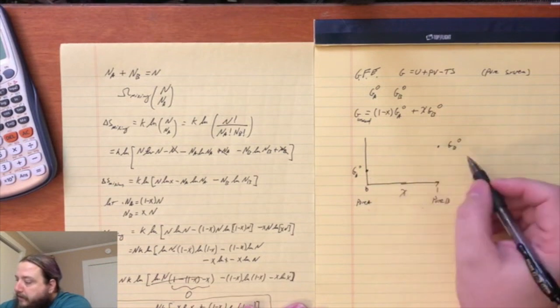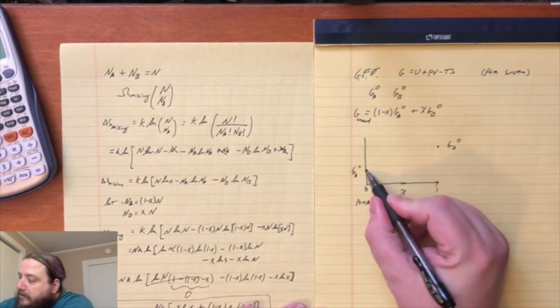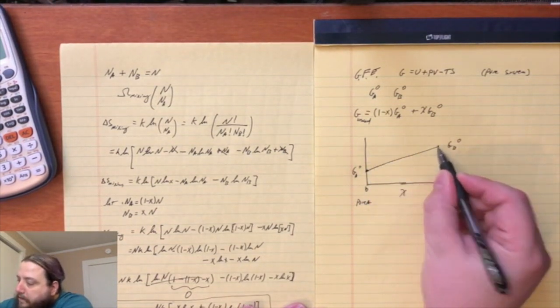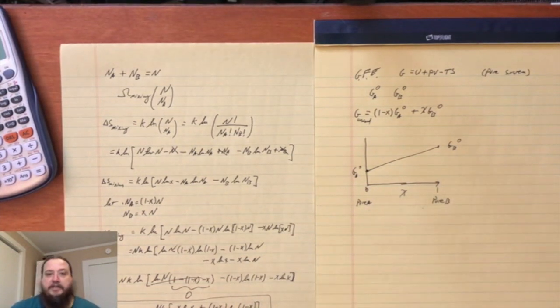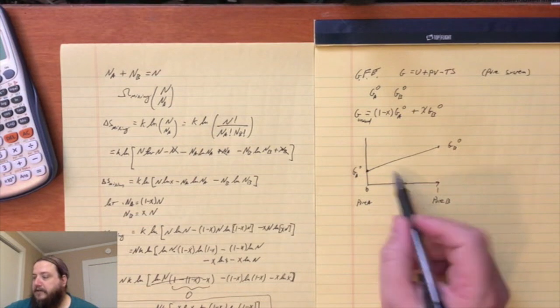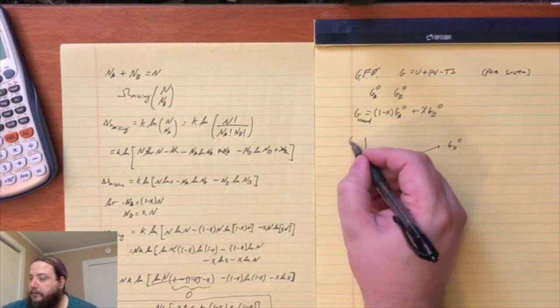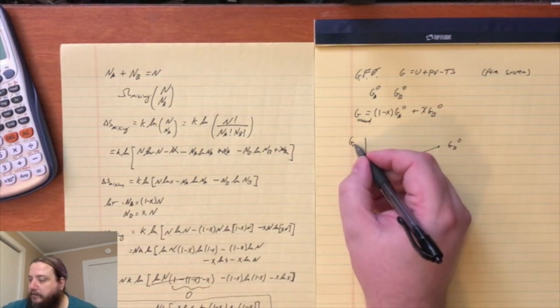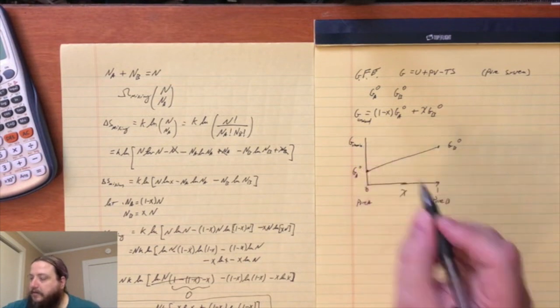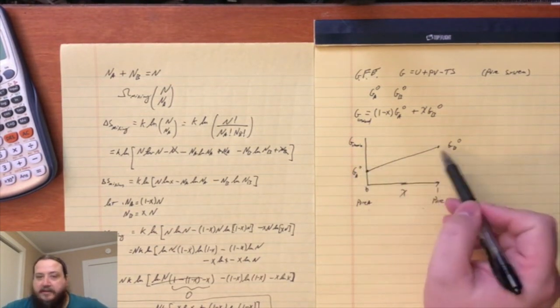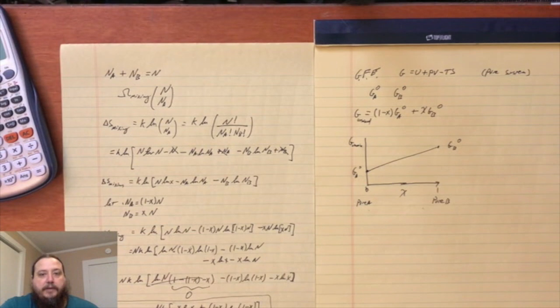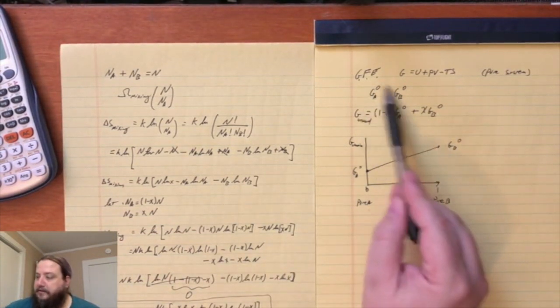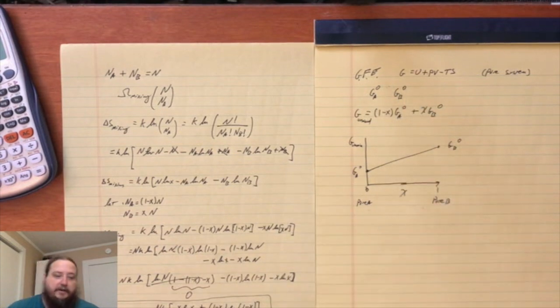Then if you have an unmixed admixture of A and B, then whatever your fraction is, the total Gibbs free energy of the unmixed will be this linear interpolation between the Gibbs free energy of pure A and the Gibbs free energy of pure B.